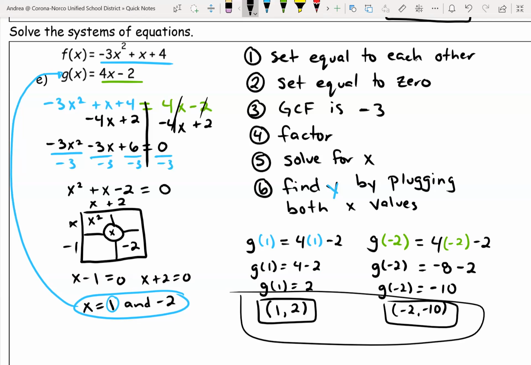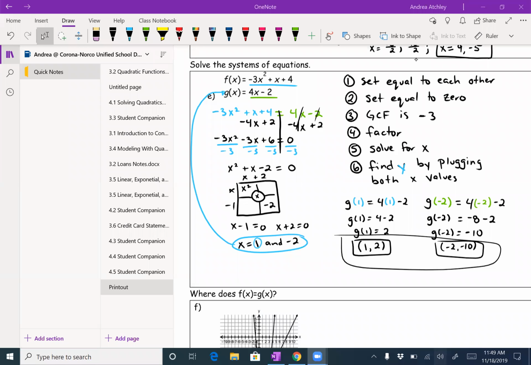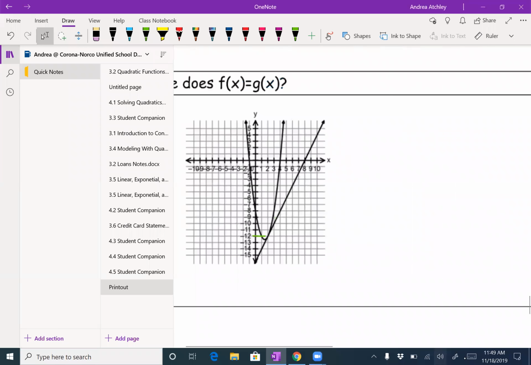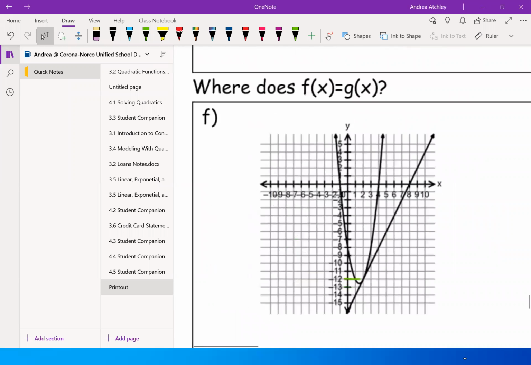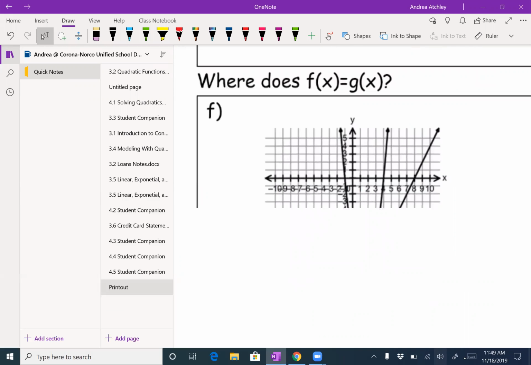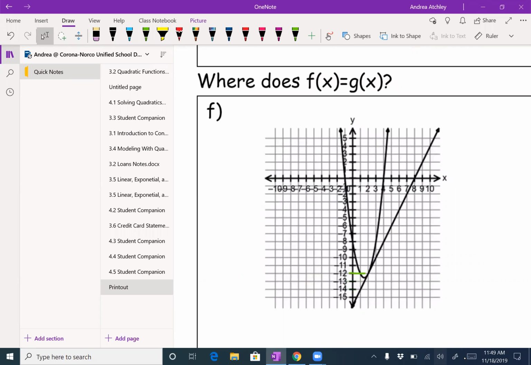Okay, so you're going to do another problem out of your homework. Number 21. It says find where f of x equals g of x. So you have your two equations that are graphed for you.